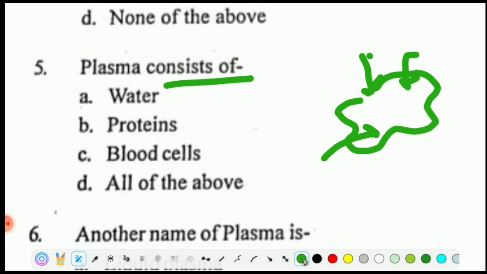So you can consider it as a platter that consists of all the different menu, different food items that are present, be it your sweet, your dessert, your starters, and everything would be there in the platter, isn't it? So plasma is just like a platter, and the answer would be option D, because there would be water, there would be protein, the blood cells, the antibodies, enzymes, and everything, hormones as well.